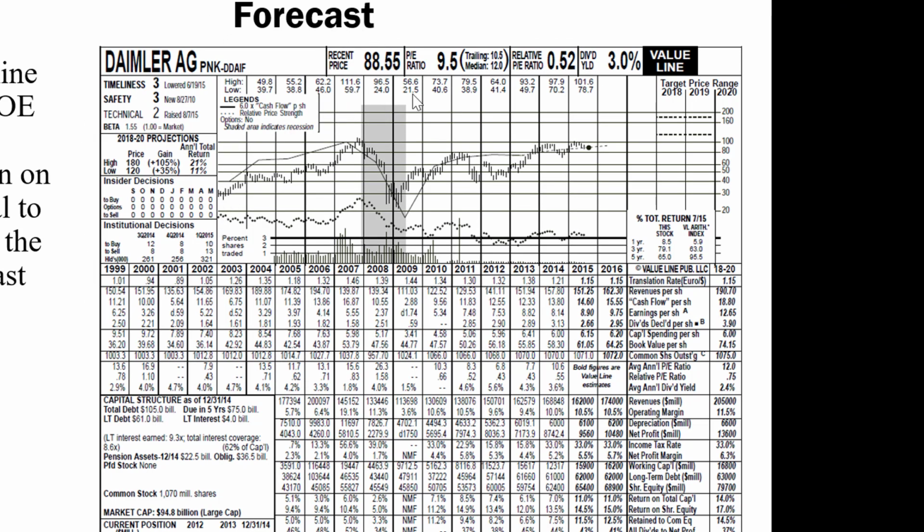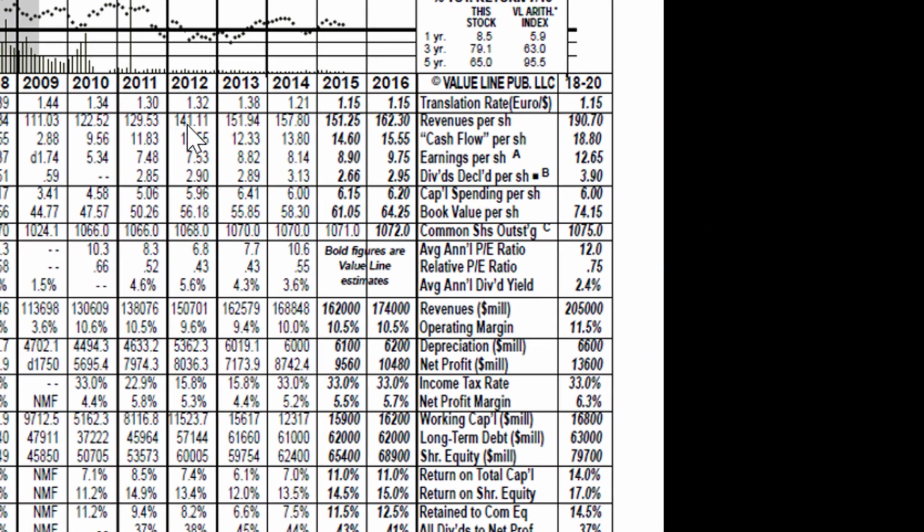They have here a price and a PE ratio, and up here they have the estimated earnings per share. Look, the estimated earnings per share was growing. We had a deficit, and then it grows, and it's supposed to get up to 12.65.